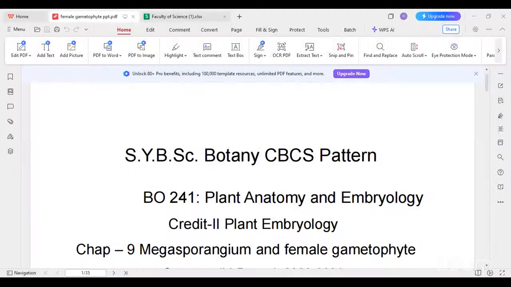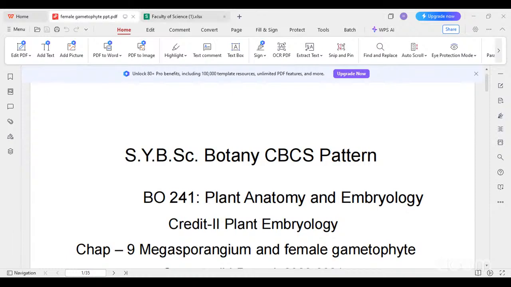Already in the last class we completed the male gametophyte development. What is the male gametophyte? These things are completed. Now we will start the female gametophyte.